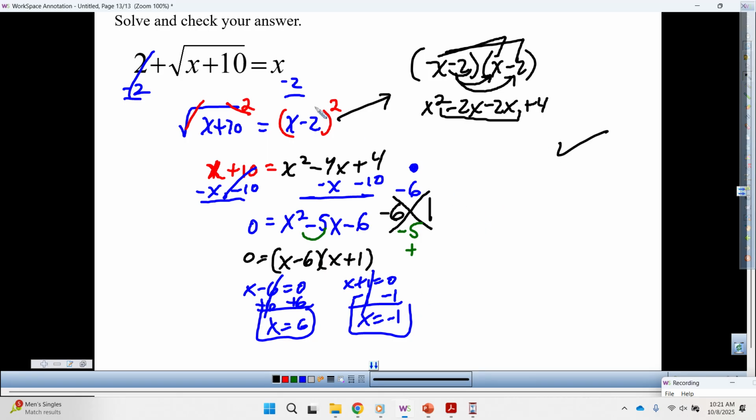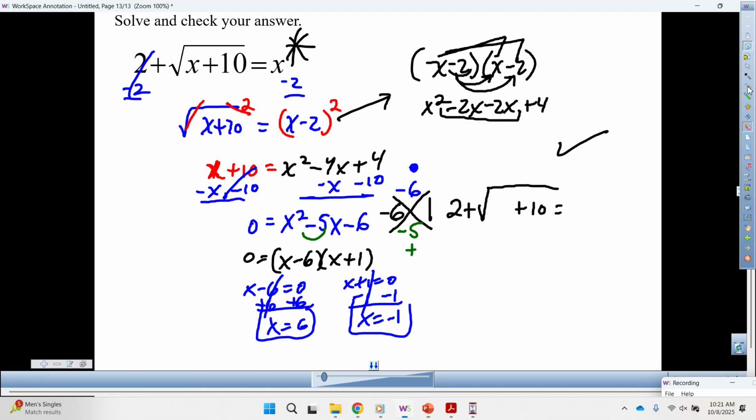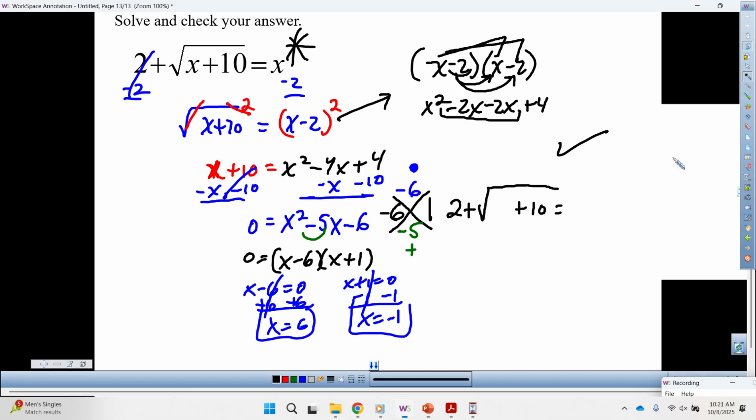I'm going to write the original one, this one over here, twice. 2 plus square root of blank plus 10 equals blank for x. I'm going to need more space here. 2 plus square root of blank plus 10 equals blank.